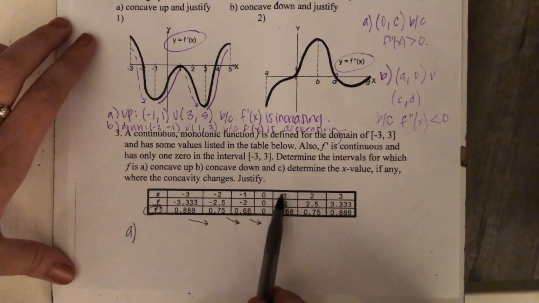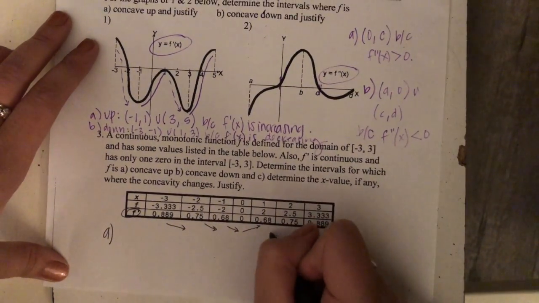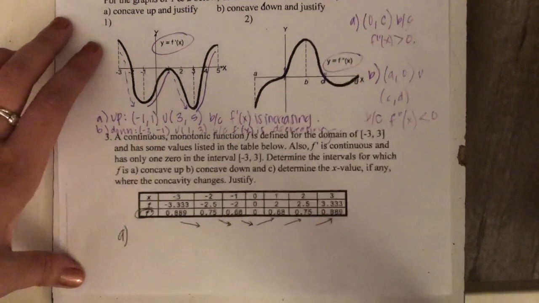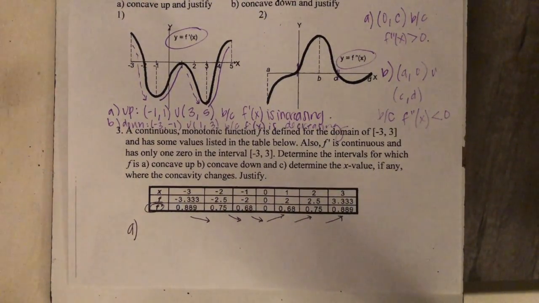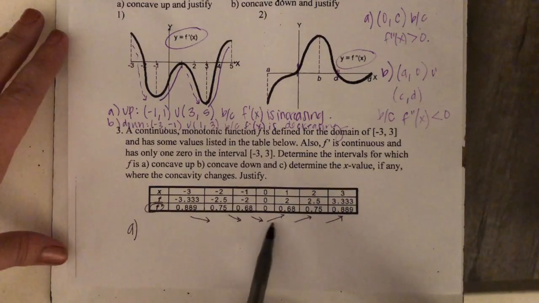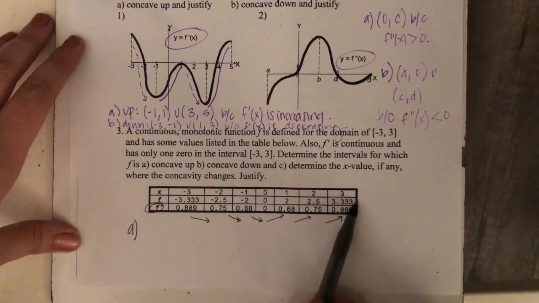Then from 0 to 1, I'm going from 0 to 0.68. That is increasing, increasing, getting bigger, increasing. Okay? So if I want to look for concave up, that's going to be where I am increasing. So that is everywhere from 0 all the way up to 3.